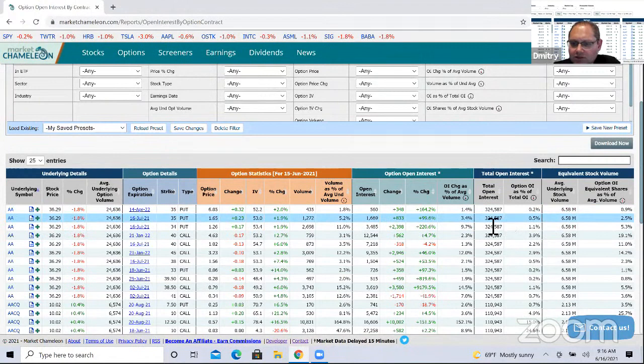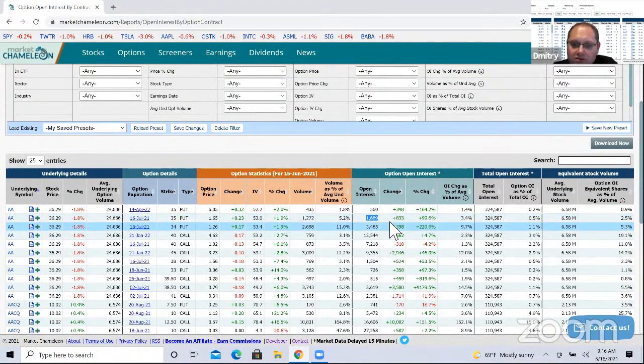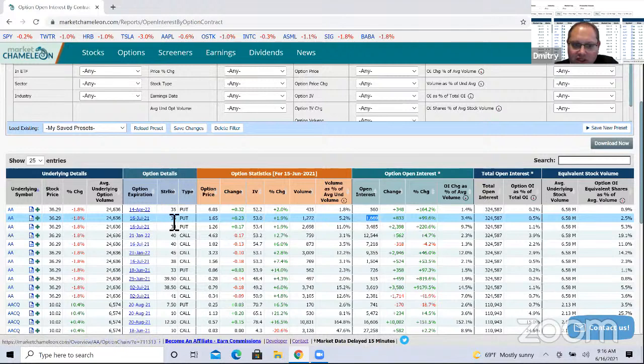The other thing we could take a look at is, we know that there are 1,669 contracts open on this particular option strike, the July 16th, 35 put. How much does that represent as a total of open option interest?